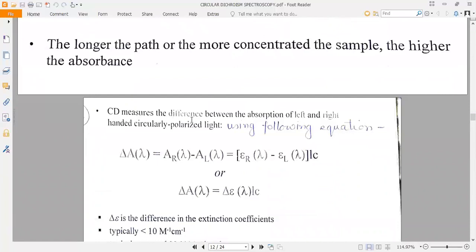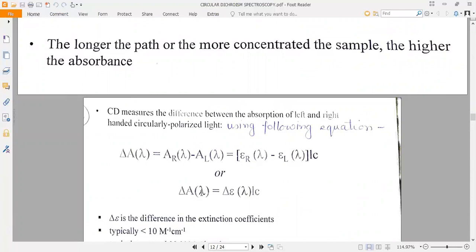CD measures the difference between absorption of right and left-handed circularly polarized light using the following equation. Delta A lambda is equal to AR lambda minus AL lambda, that is epsilon R at a given lambda minus epsilon L at a given lambda, multiplied by path length and concentration of the solution.